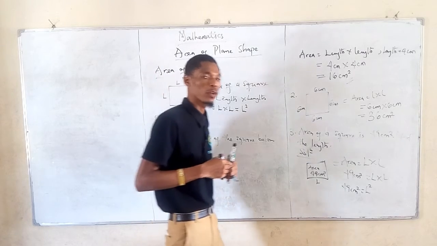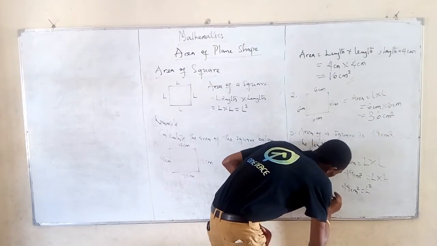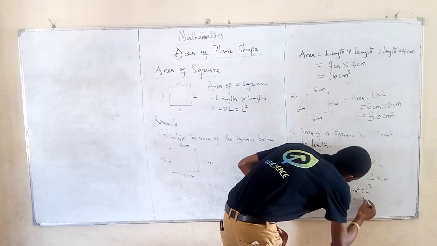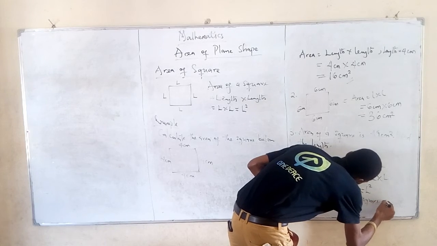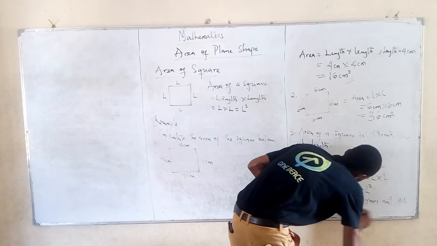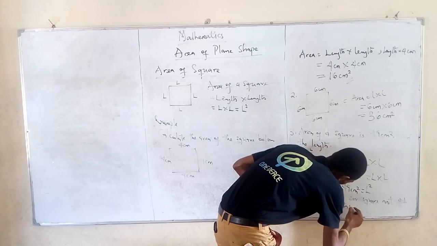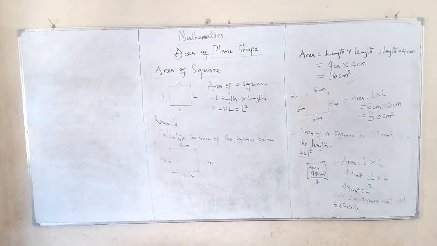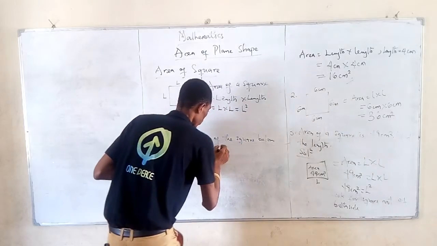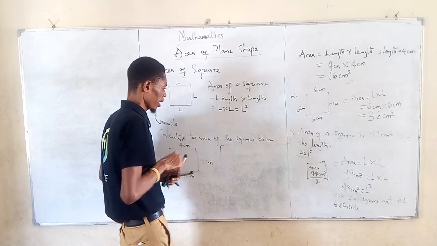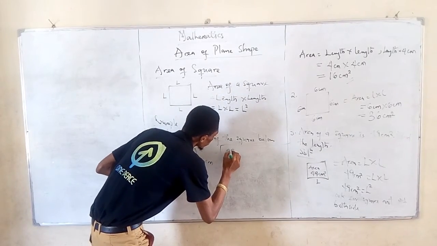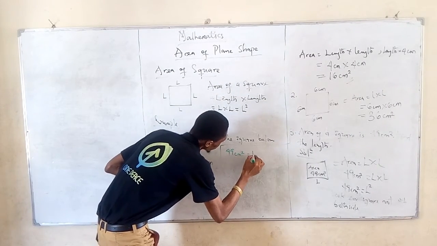Now to get L, we look for the square root of both sides. So we have 49 centimeters square is equal to L square.